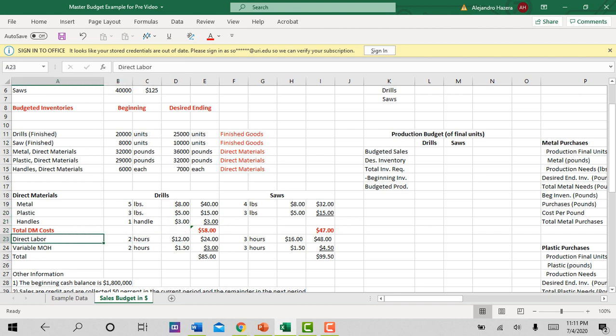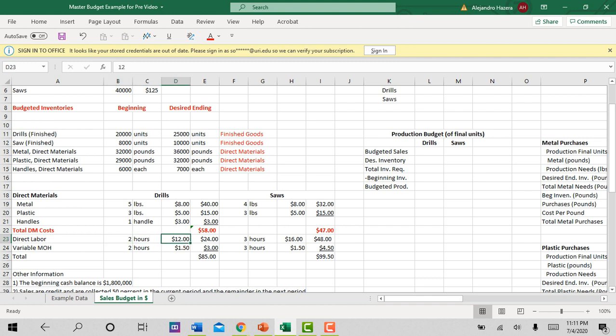Okay, and then we've got direct labor. Obviously any product has materials costs going in, but also has direct labor going into it, and also has manufacturing overhead going into it. So what they're saying is that direct labor should take 2 hours to make one drill.